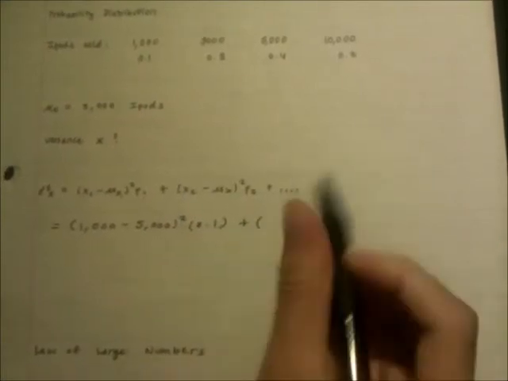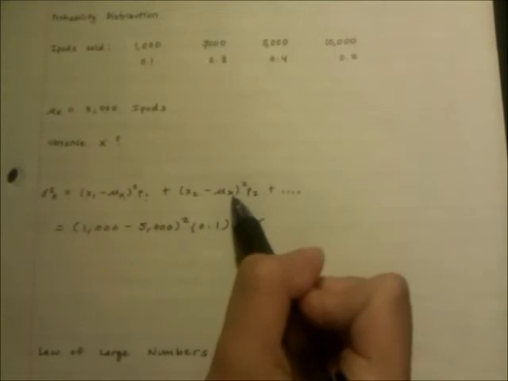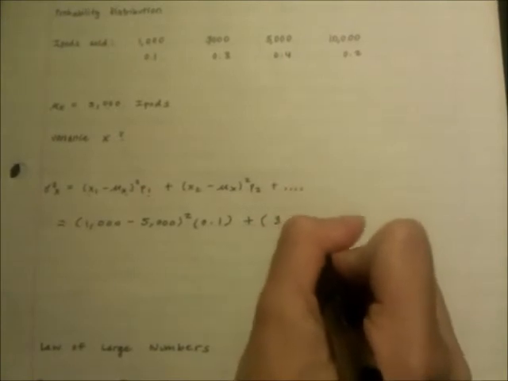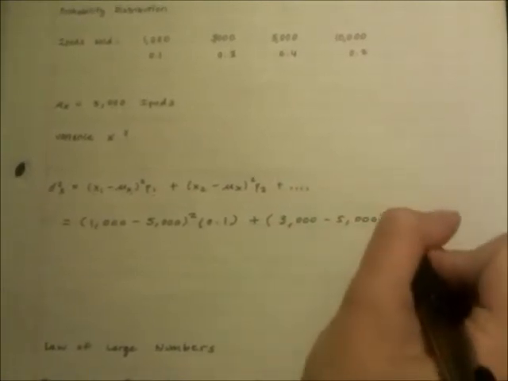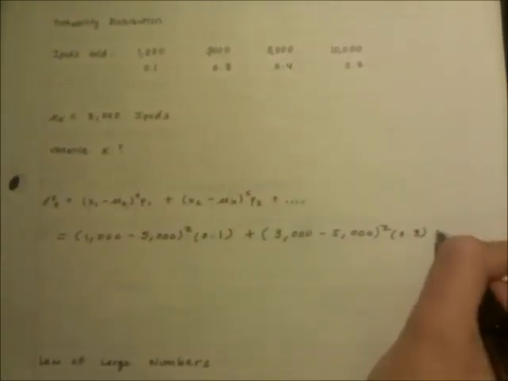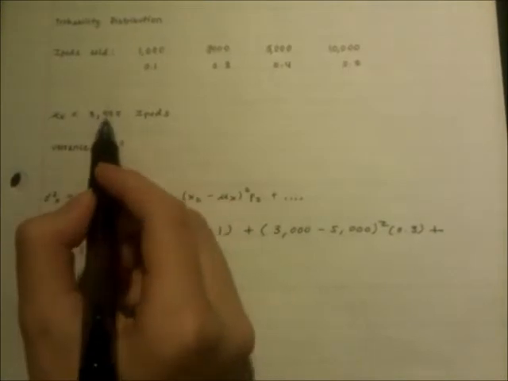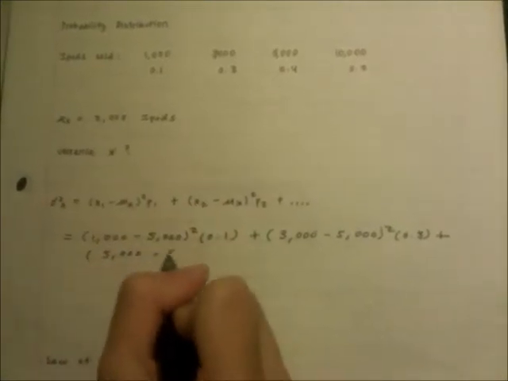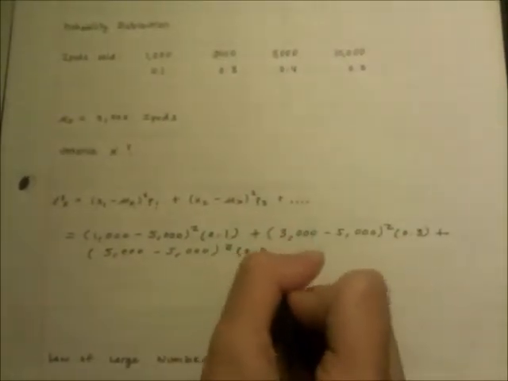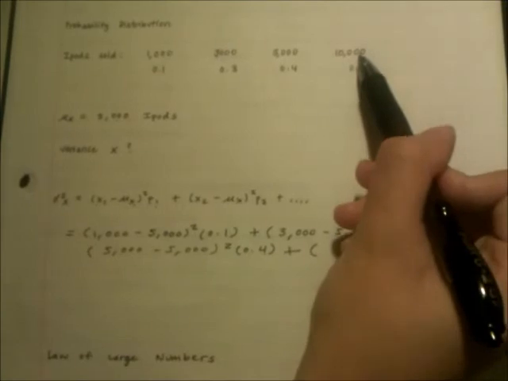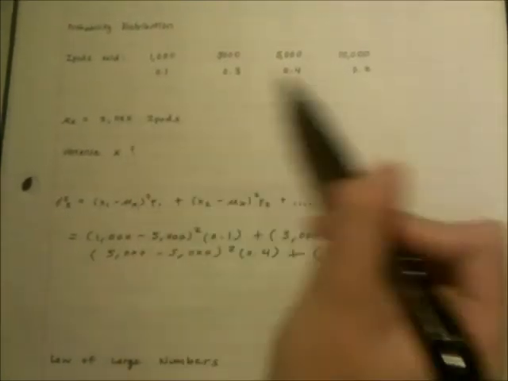Then we need to add this to x2 minus mu sub x, which is 3,000 minus 5,000 squared, times p2, which is 0.3, and we need to add this to 5,000 minus 5,000 squared times p3, which is 0.4, plus the last value, which is 10,000 minus 5,000 squared times 0.2.